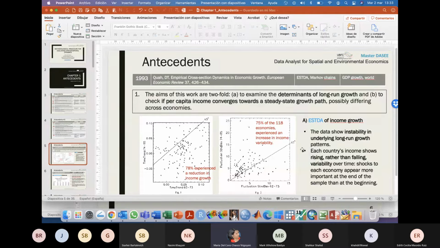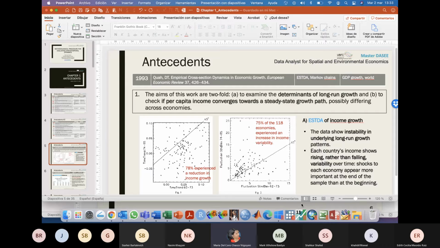So at the end of the sample, you have more variability, more differences. Well, you will have heteroscedasticity, more or less, and this is not weird, but also interesting. 75 of the 118 economies experienced an increase in income variability. So it is important to analyze why.